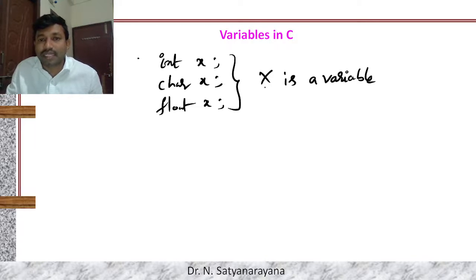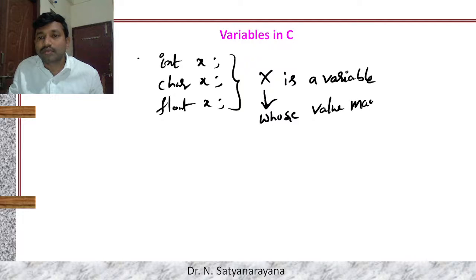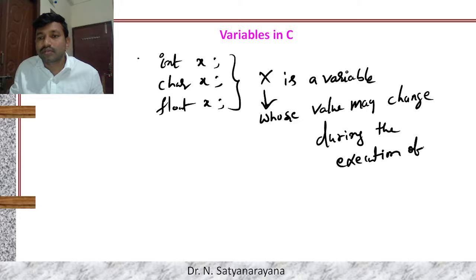I can say a variable is an entity whose value may change during the execution of a C program. Am I right?